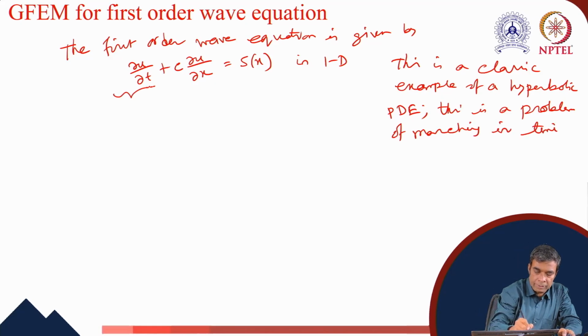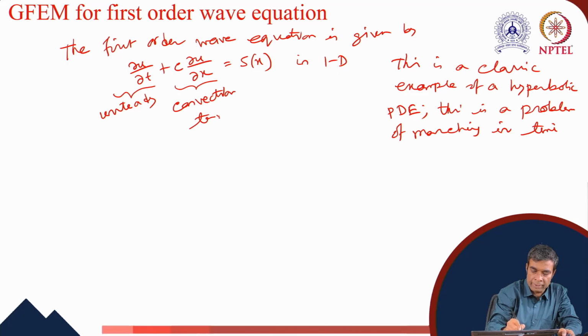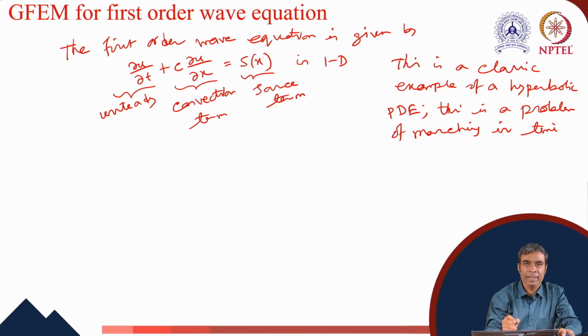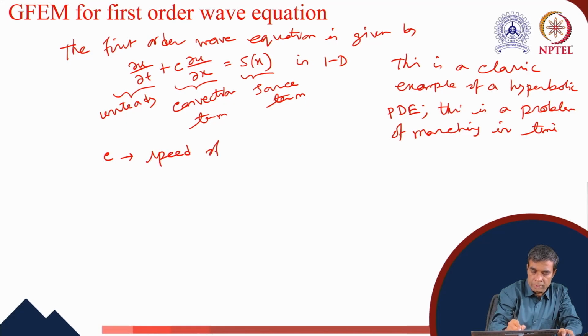So in this equation, the first term is the unsteady or the transient term. The second term is the convection term. And the last term is the source term. Here, this convection term is a linear term because we consider c as a constant. So c here represents the speed of the wave.